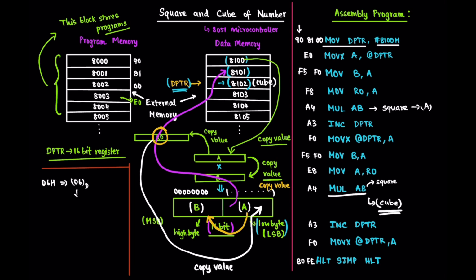Now if we square 6 decimal, we get 36 decimal. Now we are converting this 36 into hexadecimal. If you use a converter, or you can convert it using the manual method also, you will get the hexadecimal equivalent as 24.